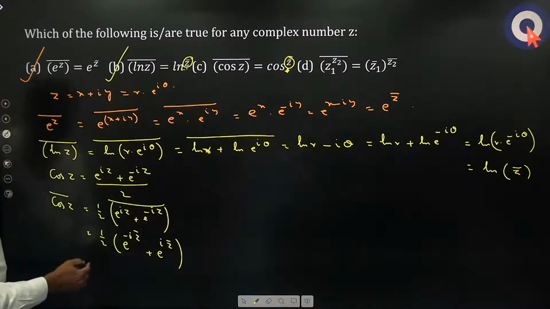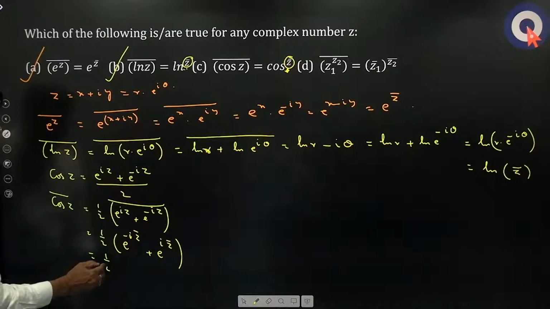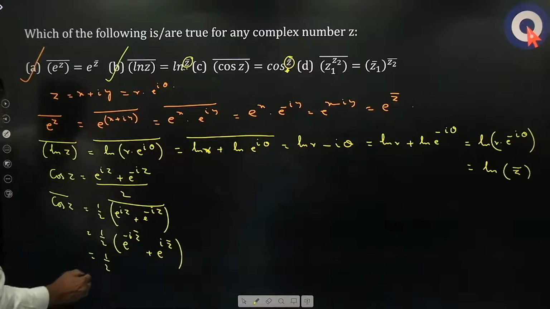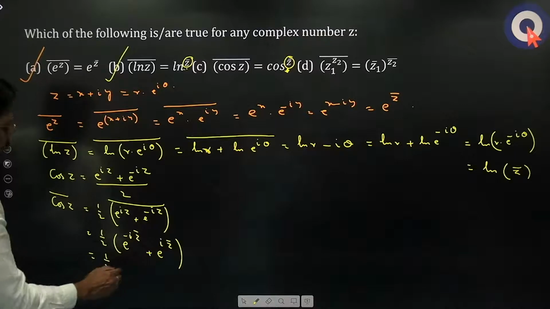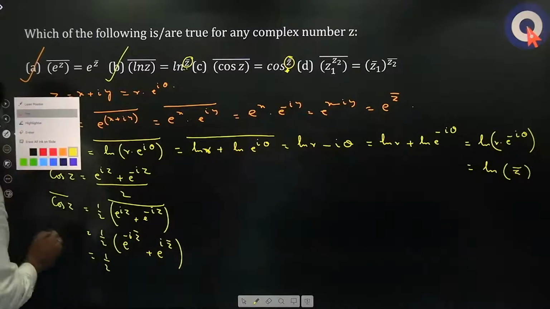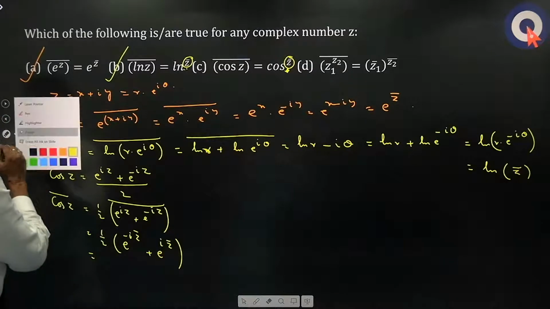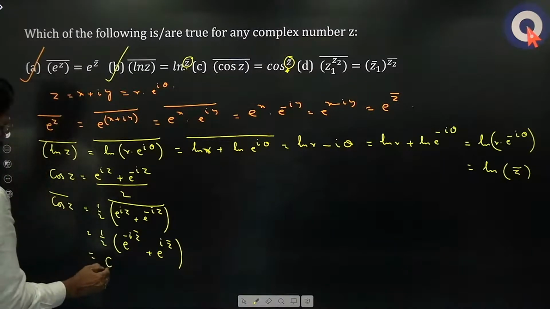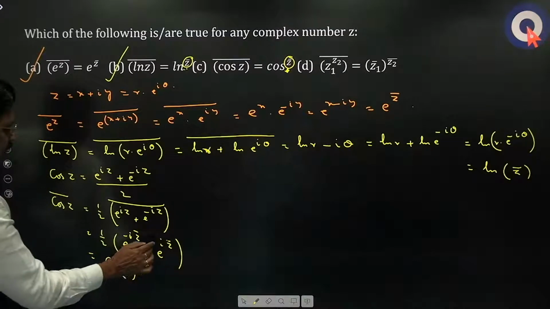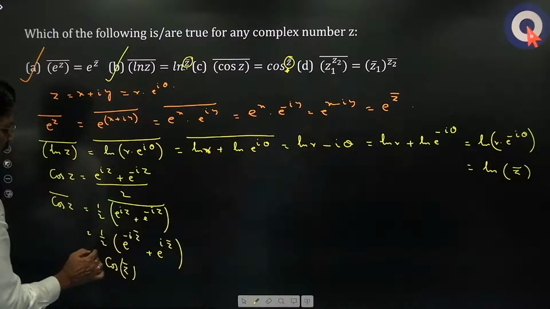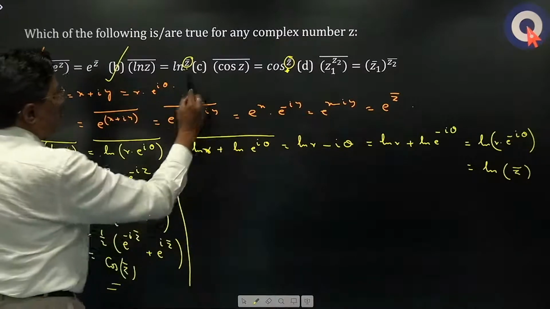So this is half e power minus i z bar plus e power i z bar, which is nothing but cos z bar, since cos theta is e power i theta plus e power minus i theta by 2, where theta is z bar. So even this is correct.